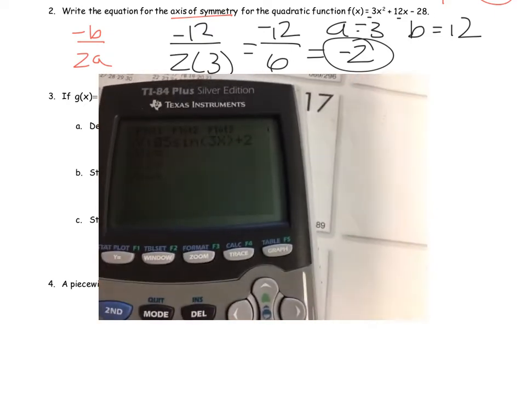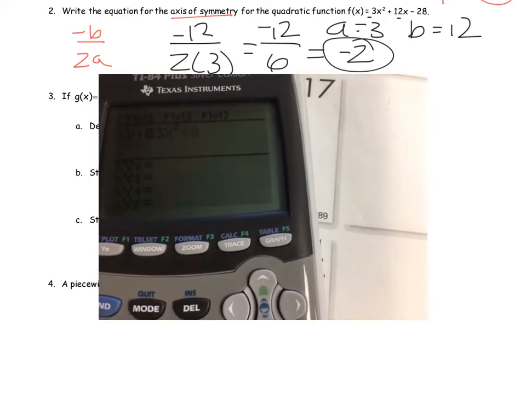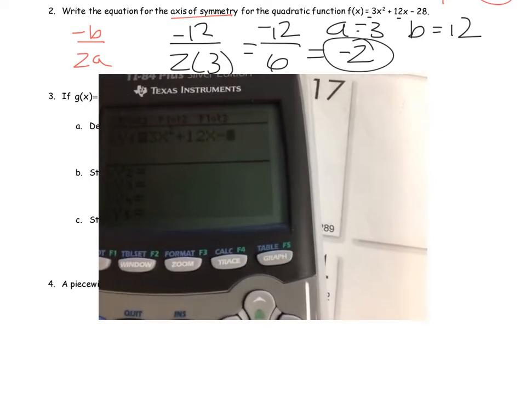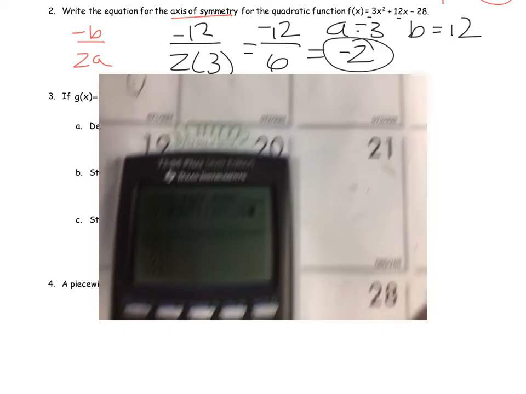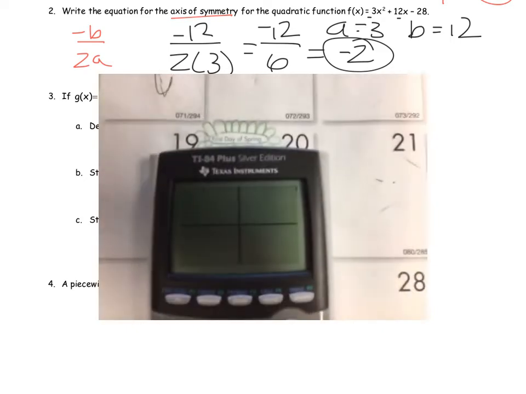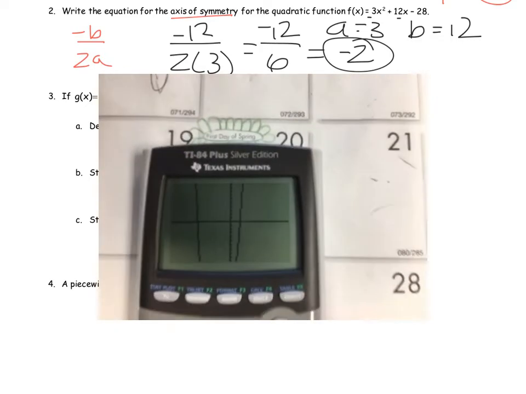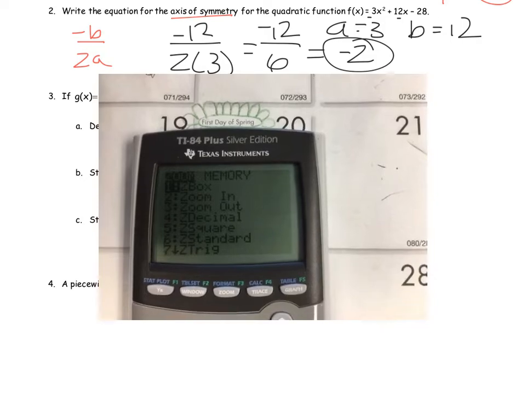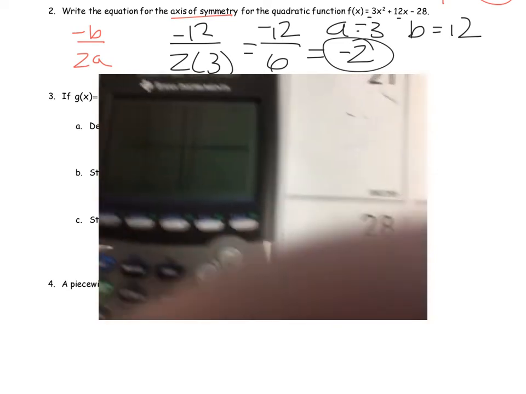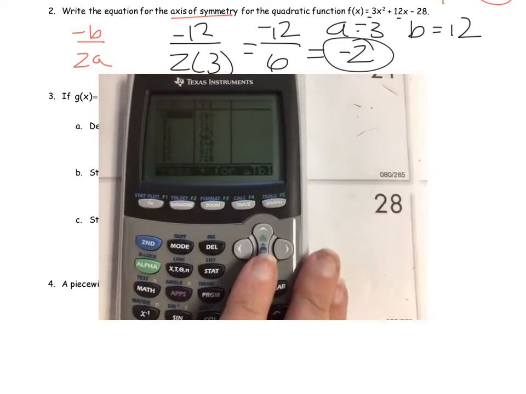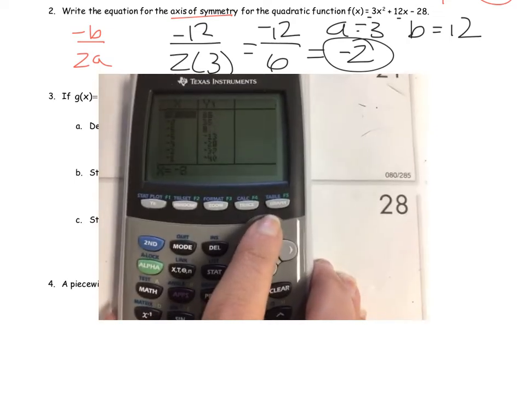Another way you can do this is by graphing it and then seeing where the central value is. So 3x squared goes in y1, and then graph. The middle seems to be in the negative region, so I'm going to change my zoom. From my table, I can see the middle of my graph, where we see the symmetrical pattern.